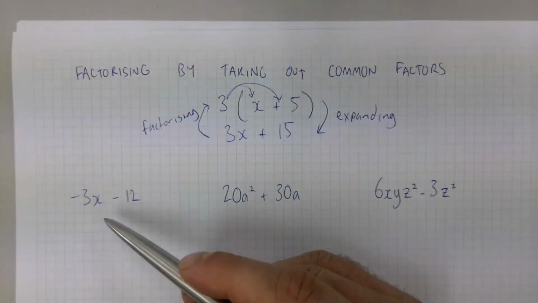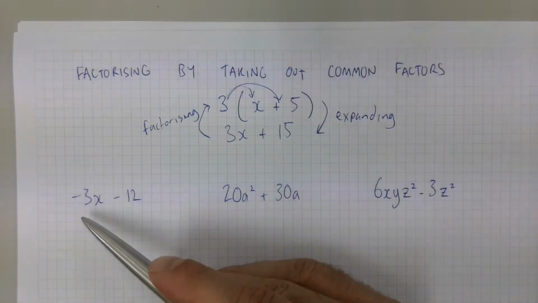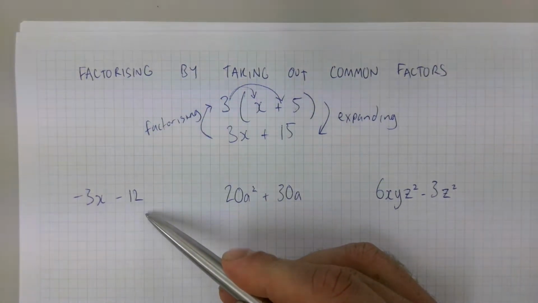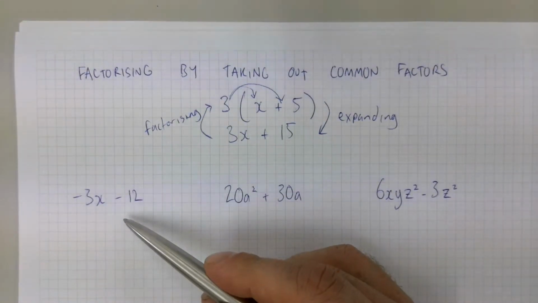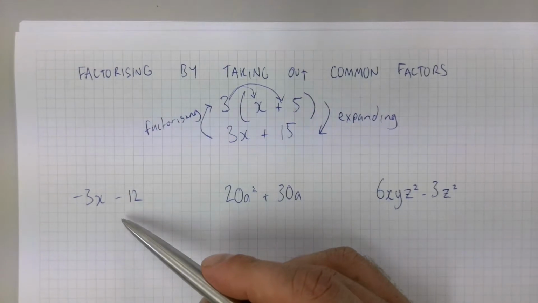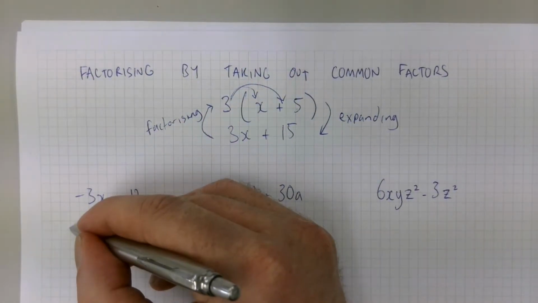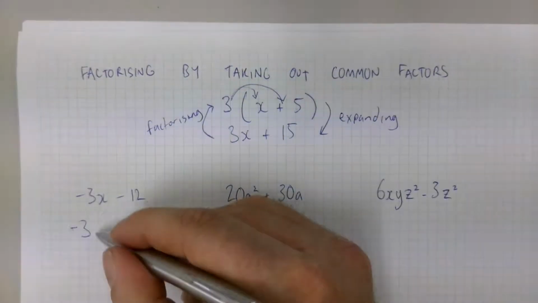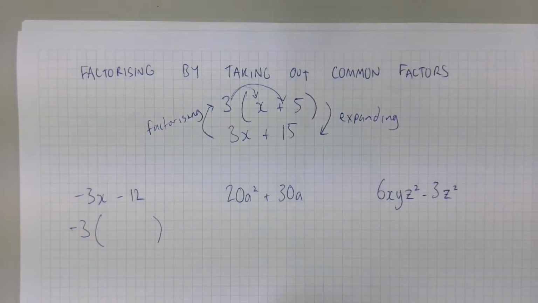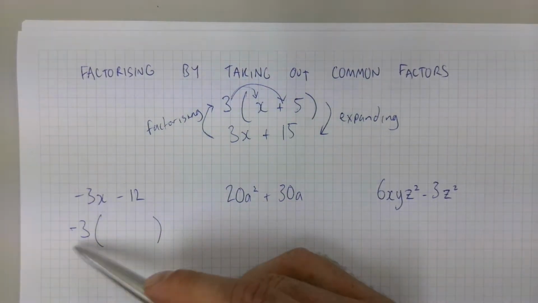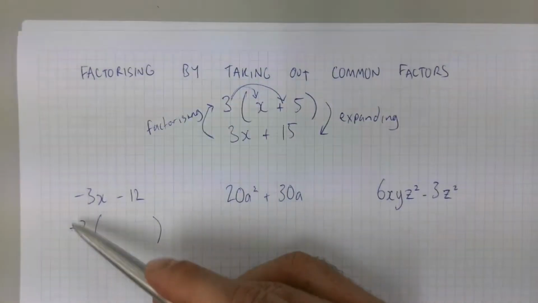between my terms? So this first expression here, there are 2 terms, minus 3x and minus 12. So I'm going to find the highest common factor between those 2 terms. In this case, that highest common factor is minus 3. So what we're going to do is put that minus 3 at the front, set up some brackets, and inside the brackets is going to be the other part of the term that we multiply by minus 3 to get that original term.